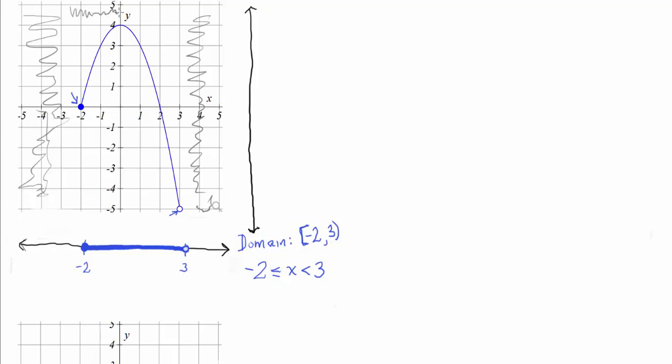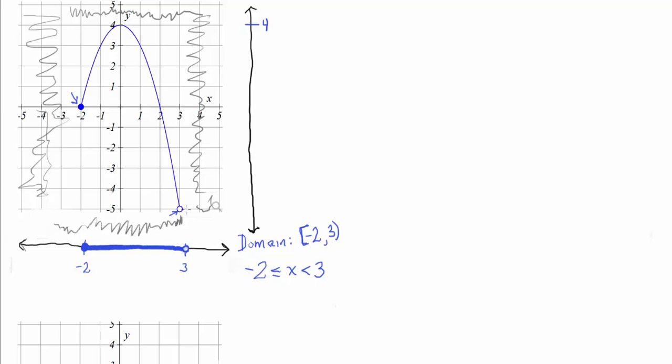We see that the graph hits a maximum value and turns around here at 4. So we're not going to have any values higher than 4 for our range. And the graph, we've got graph kind of in here in the middle, and it stops and hits a lowest point down here at -5.